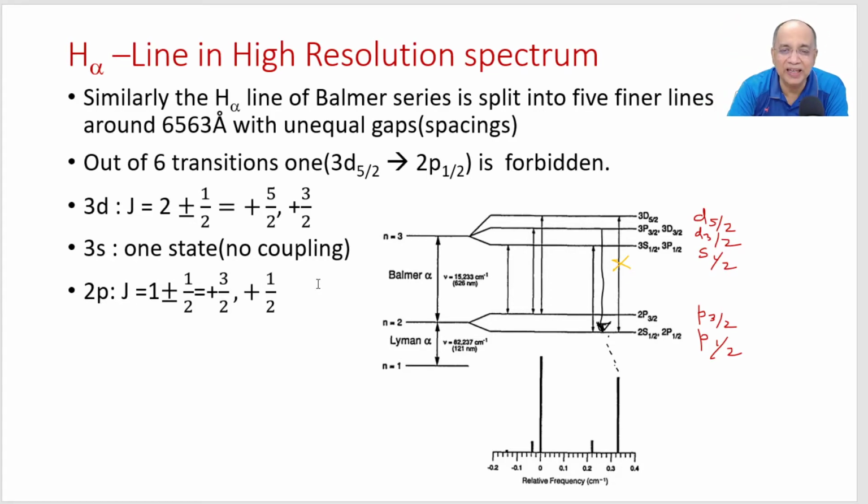That I am going to highlight. Here there will be 3D, because in case it is a Balmer series, it is 3D to 2P. That we know, the transition between 3D to 2P, 3 to 2.